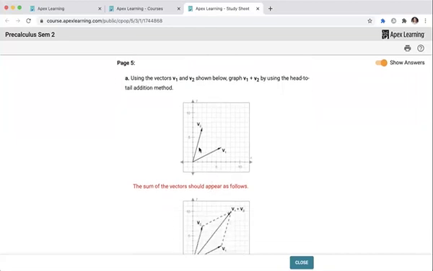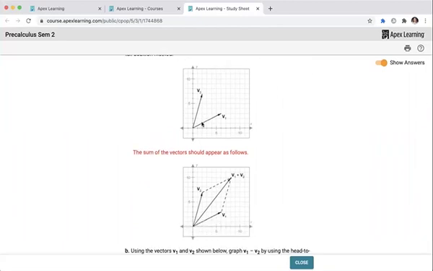For this one, it's saying to use the head to tail method. What this is asking you to do is take vector 1 and draw it on top of vector 2. If you notice here, vector 1 goes over 1, 2, 3, 4, 5, 6, so it goes over 6 and up 1, 2, 3.